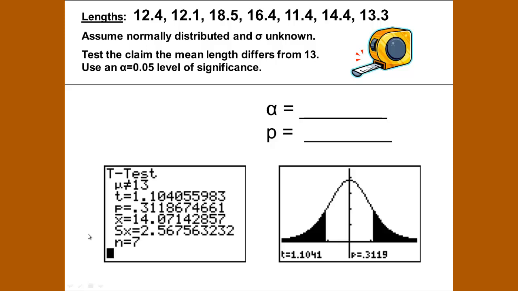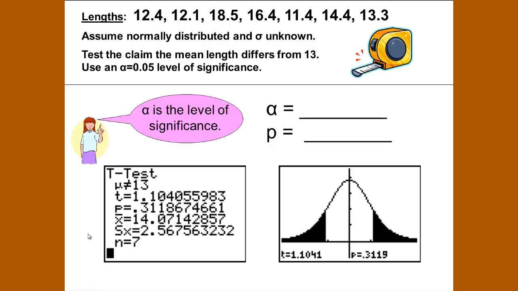Next, we want to find the alpha, or our significance level, which is again 0.05. There won't always be this, but for the examples we were doing, Mrs. Borlaug stayed consistent at using 0.05.